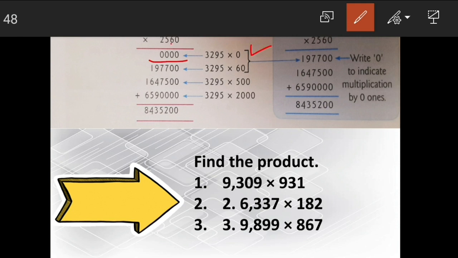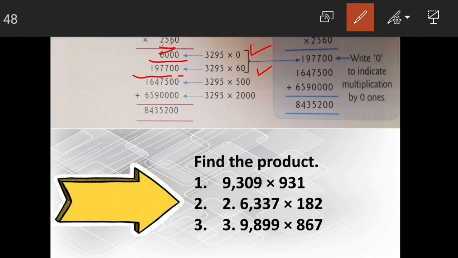After that the next number is 6. So 6 is in the tens place, that means it is 60. So we will multiply 6 with the number 3295 and we will get 19770, and we will add one more 0 because 60 has 0. Now we will multiply the third number, that is 5 here.